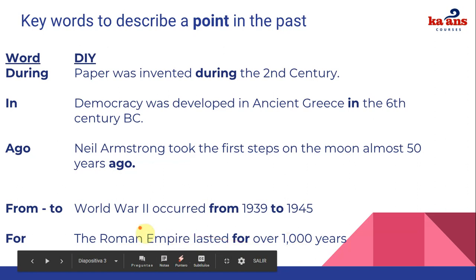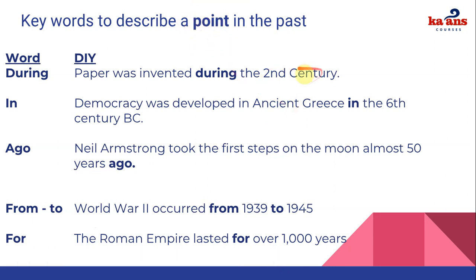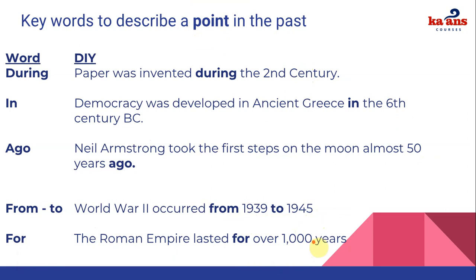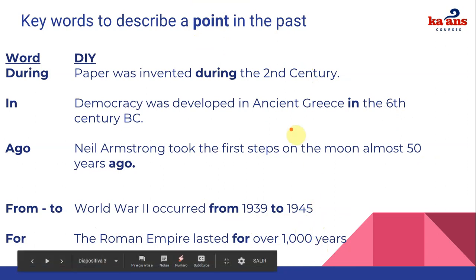Very good. So remember, keywords during, in, ago, from, to, and for. We refer to a point in the past: the 2nd century, 6th century BC, 50 years ago, from 1939 to 1945, and for over 1,000 years.